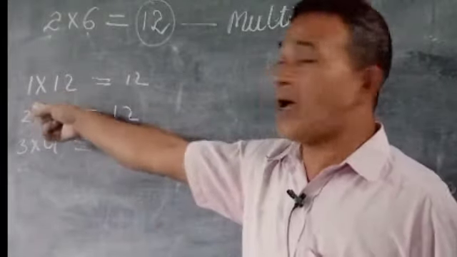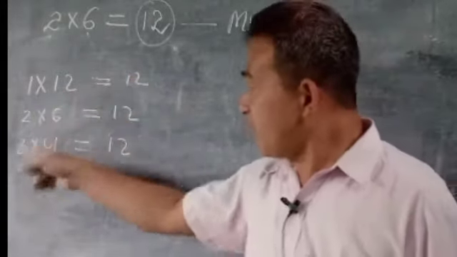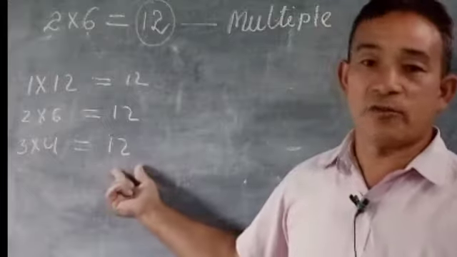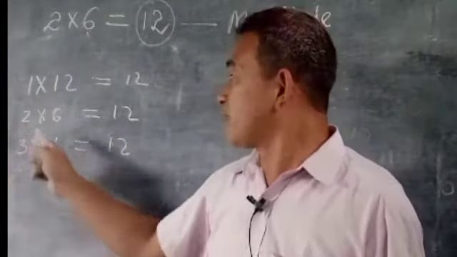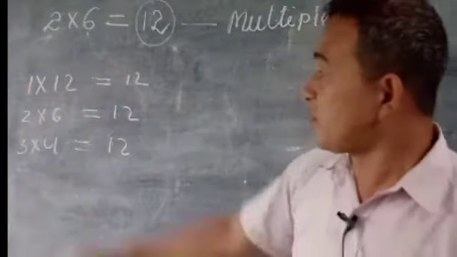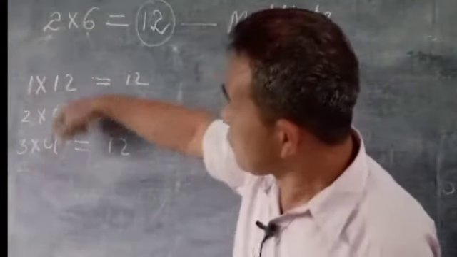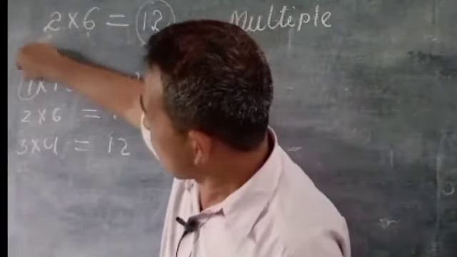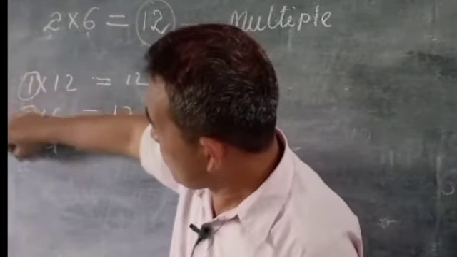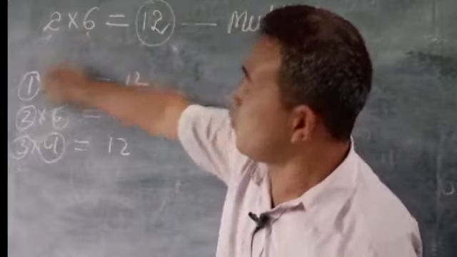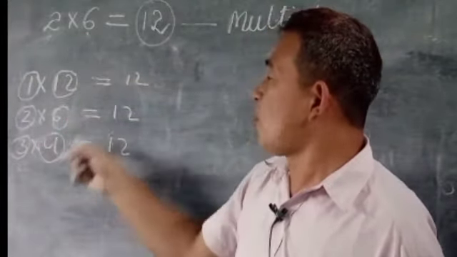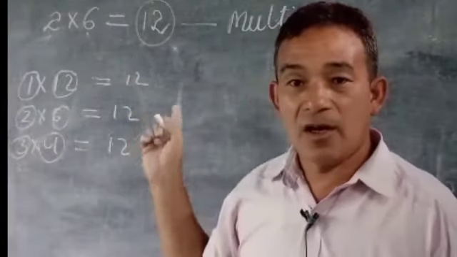If you multiply 1 and 12, you will get 12. Again, if you multiply 3 and 4, you will get 12. That means 1, 2, 3, 4, 6, and 12 are the factors of 12.